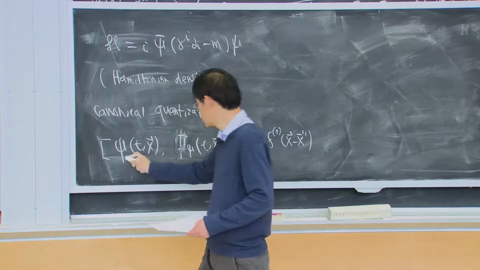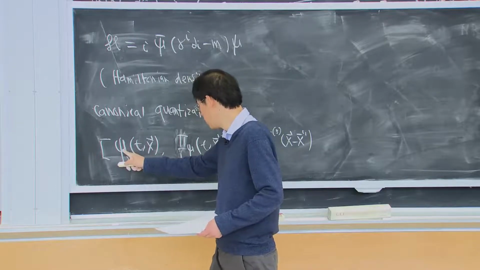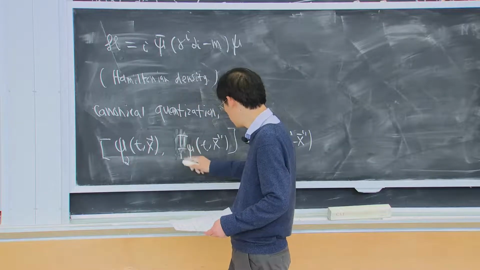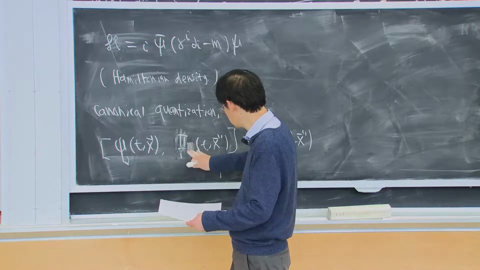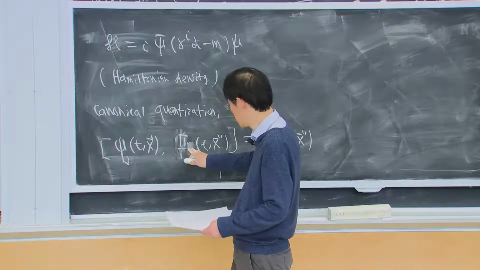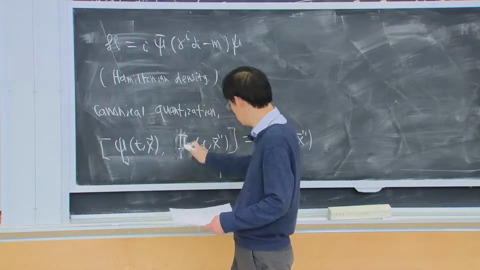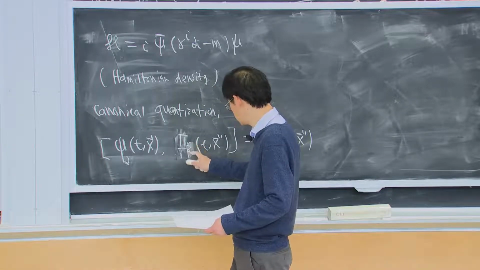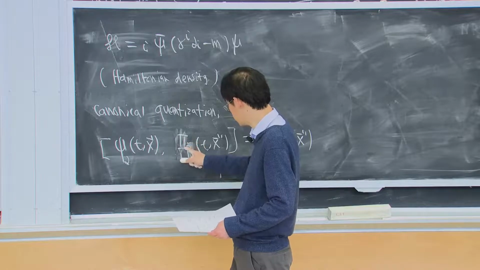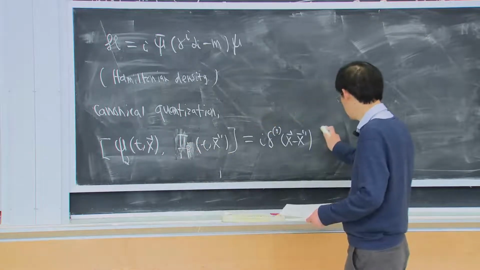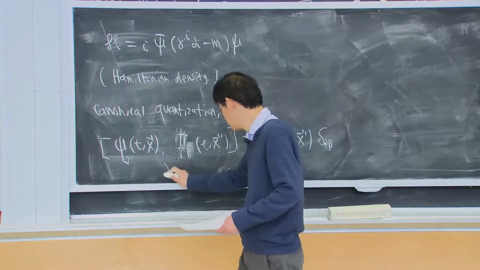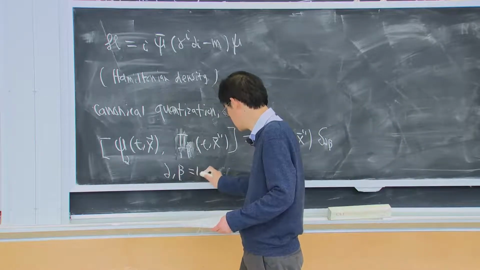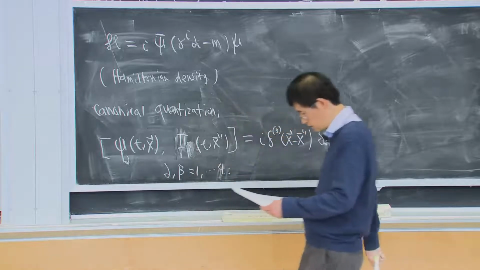Because this is a 4-vector, it also has 4 components, so let me suppress the subscript psi because there's only one variable now. There's also a coefficient, delta alpha beta. Alpha and beta are spinor indices.